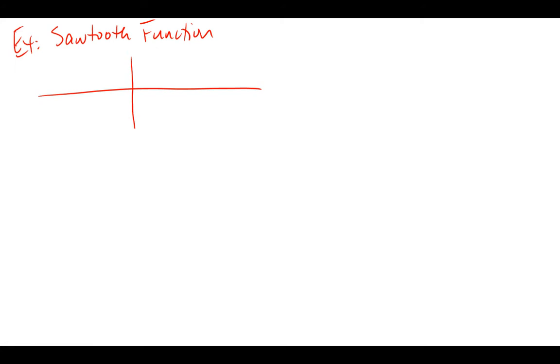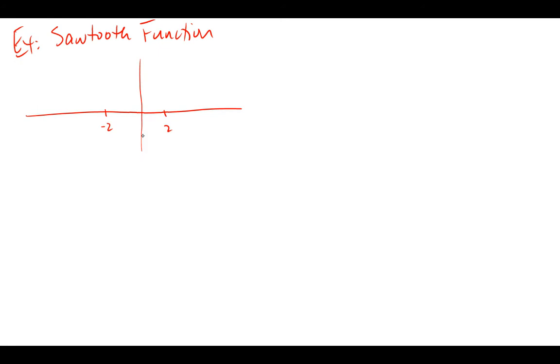Let me give myself a little more space here. It doesn't matter what interval you do this on. I'll choose -2 to 2, just to make it nice and easy. So we're going to do L equals 2 for this. Sorry, my line's not in the middle there.